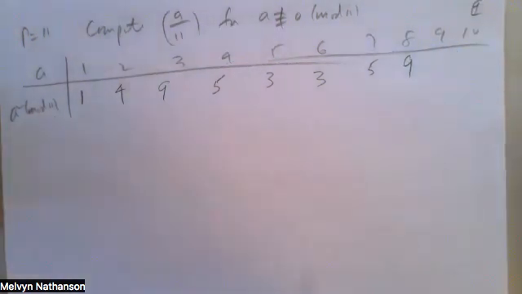What is 9 squared mod 11? It's 81. And if you divide 81 by 11, what's the remainder?